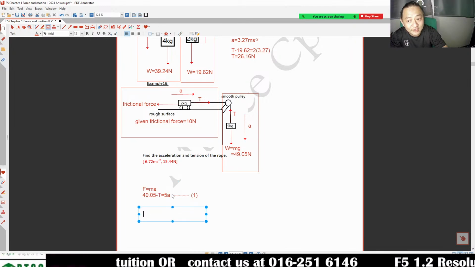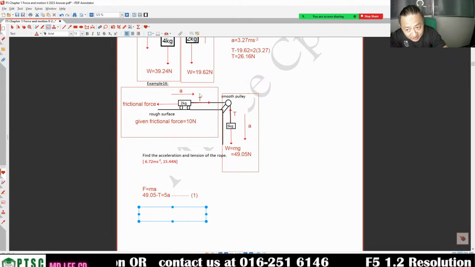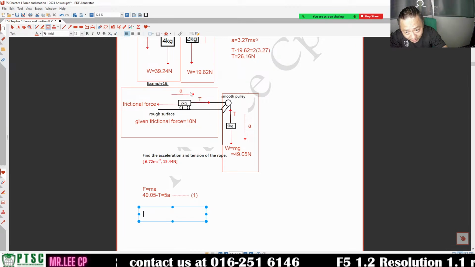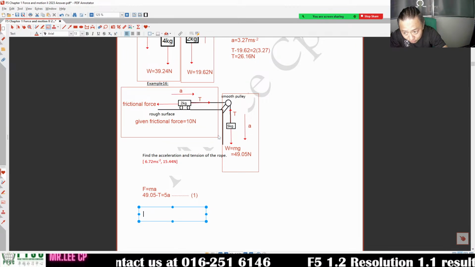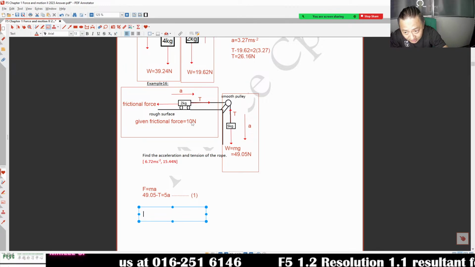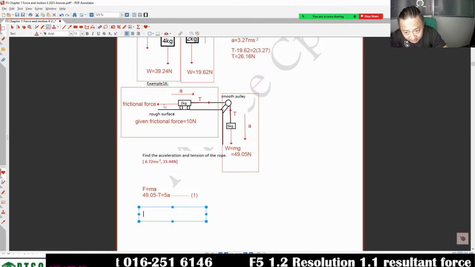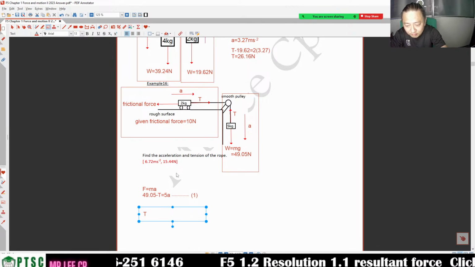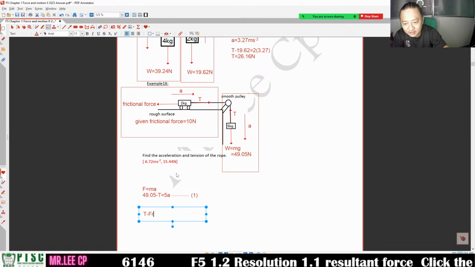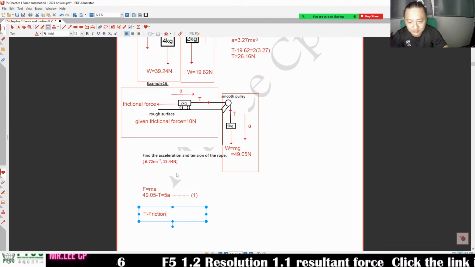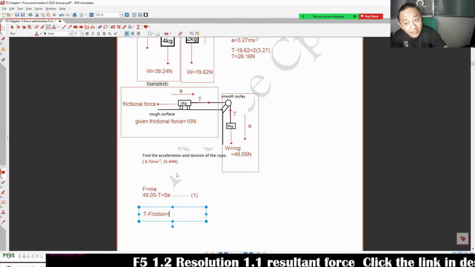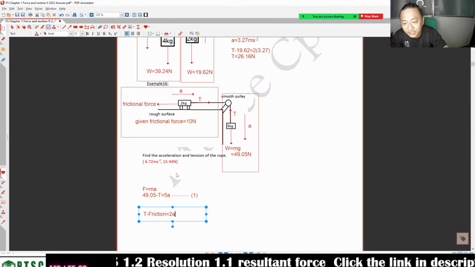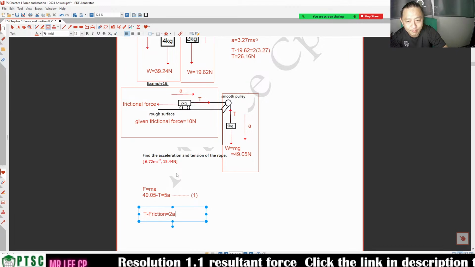So what do you need to write? T bigger, moving to the right. You look at this one only. Don't look at this one. Look at this one only. T minus friction is equals to MA. MA is 2A. Right?